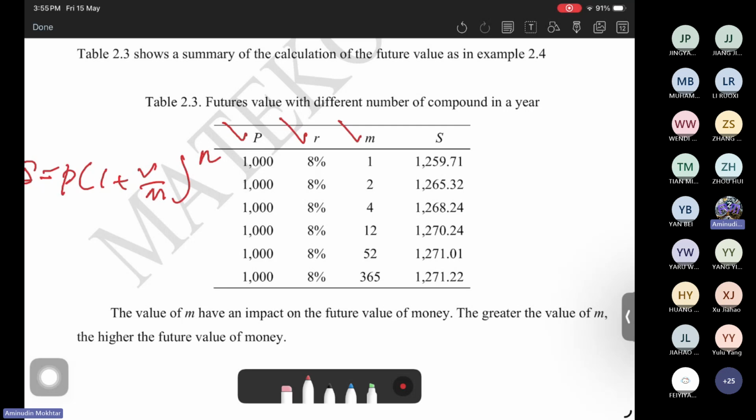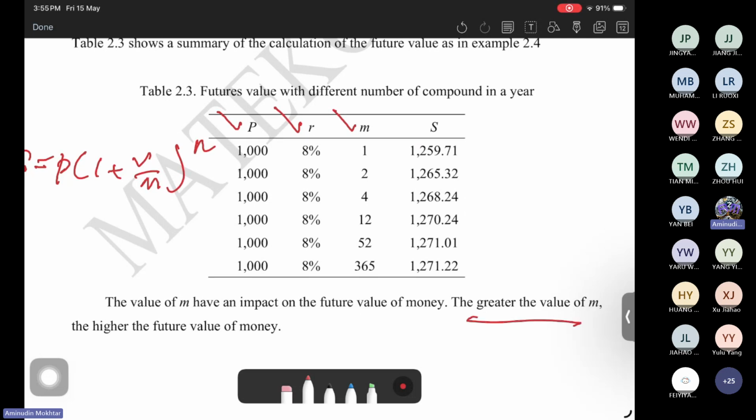Because if you change the value of M, the future value of money also changes. If M increases, the future value of money also increases. Or we can conclude the greater the value of M, the higher the future value of money. There is a close relationship between M and the future value.